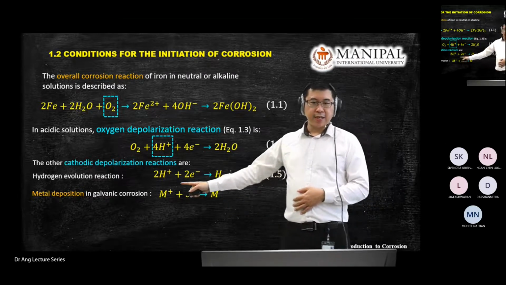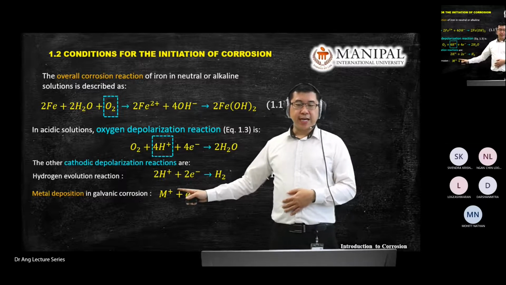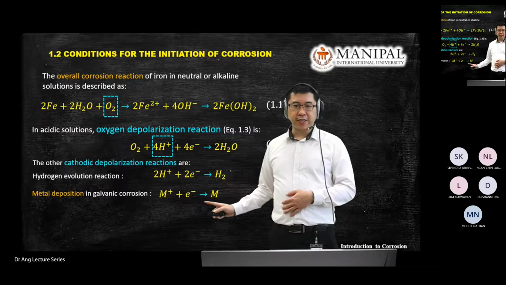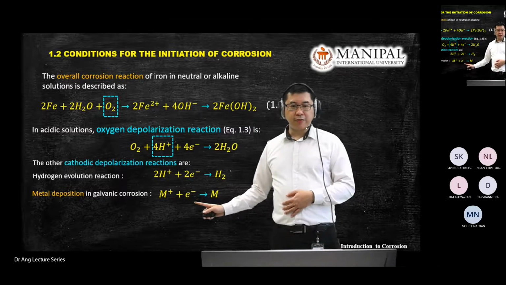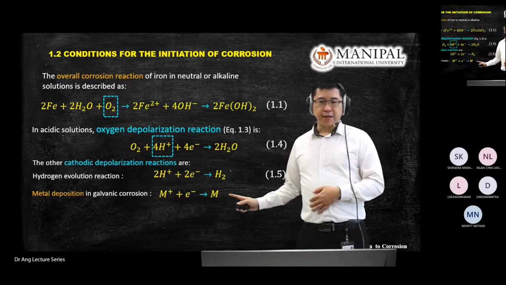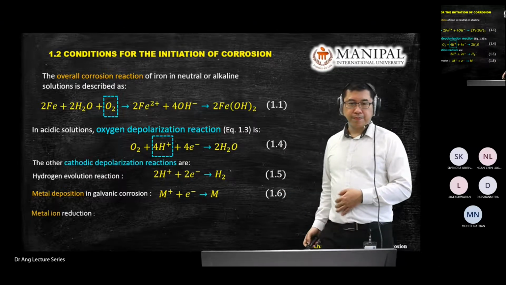This is just a general equation. Let's say the metal element has only one positive charge. When you combine it with one electron, then you get the balanced chemical process. So this is the sixth equation.